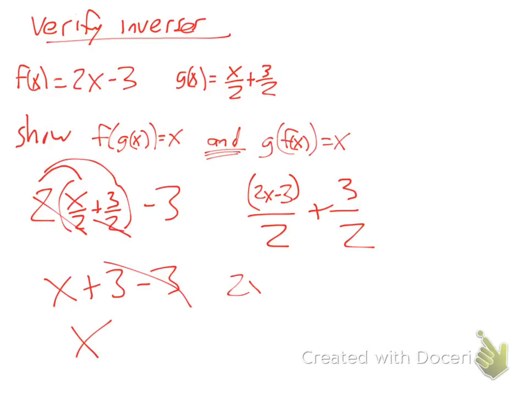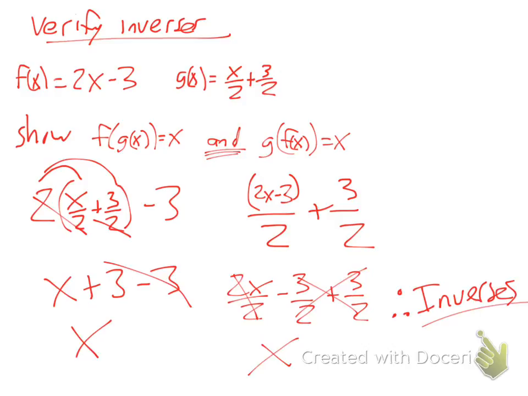That's 2x over 2 minus 3 over 2 plus the 3 over 2 from here, right? See how I split this one up? Well, the 3 over 2's will do what? Cancel. 2x divided by 2, the 2's cancel, and you're left with x. Therefore, the three dots mean therefore, they are inverses. We just verified. They both gave us x out. Good to go. That's how you prove or show things are inverses.